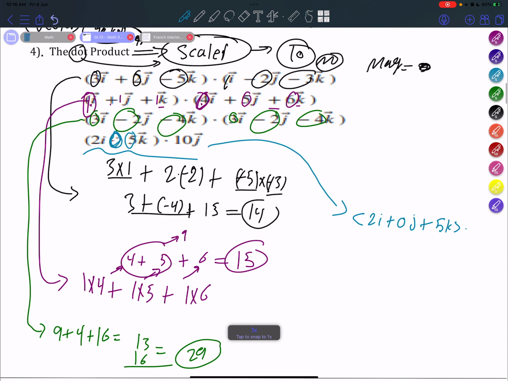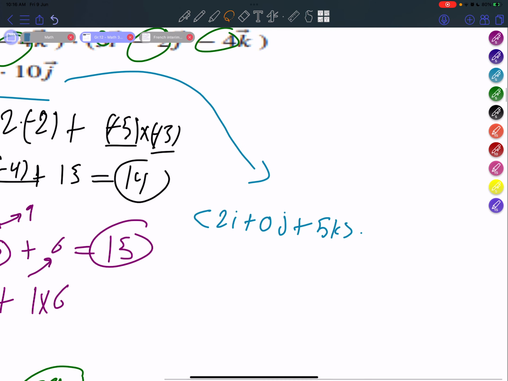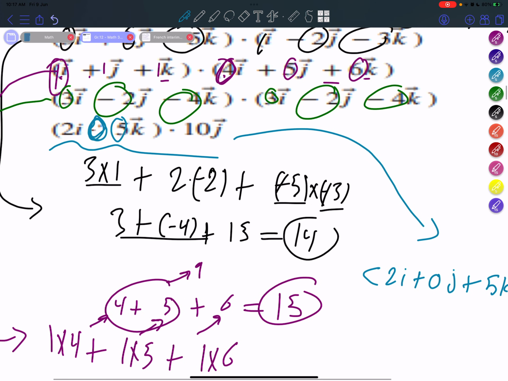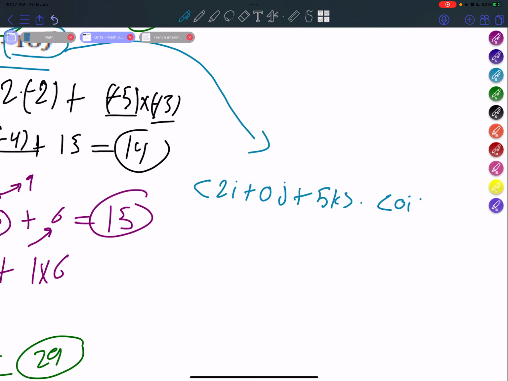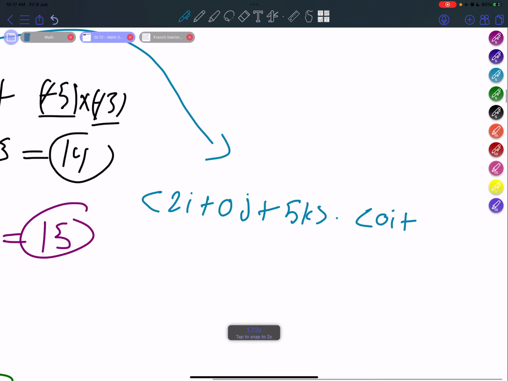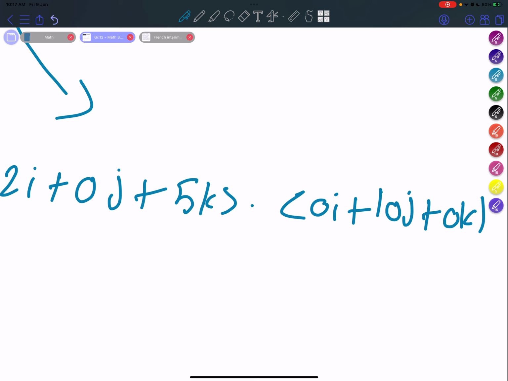Times, let's just move this a bit so we have some space to write, here we only have j, which means that i will be 0, plus we have 10j, and then plus we don't have k, which means that k is 0, so 0k.